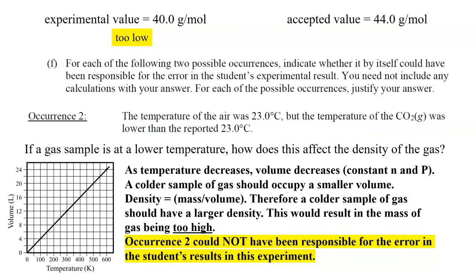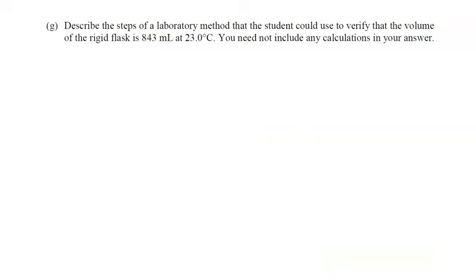All right, now let's move on to part G of this question, which talks about how you would determine the volume of the rigid flask. So part G says, describe the steps of a laboratory method that the student could use to verify that the volume of the rigid flask is 843 milliliters at this particular temperature. You need not include any calculations in your answer.